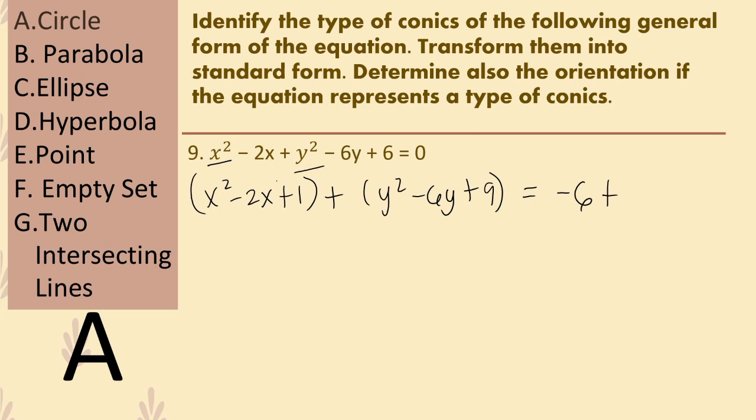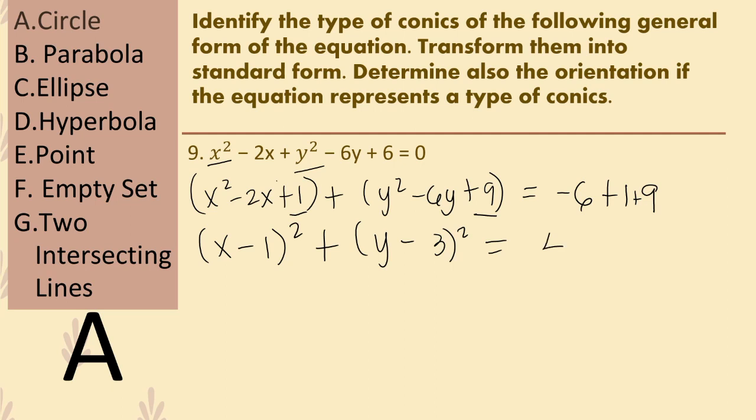Then, we add what we added here. So, plus 1 and then plus 1 plus 9. Then, let's make it a perfect square binomial. X minus 1 squared plus y minus 3 squared is equal to negative 6 plus 1 is negative 5 plus 9 is positive 4.